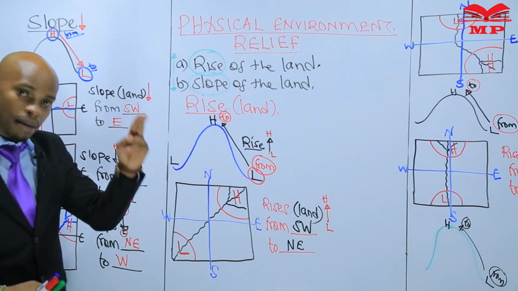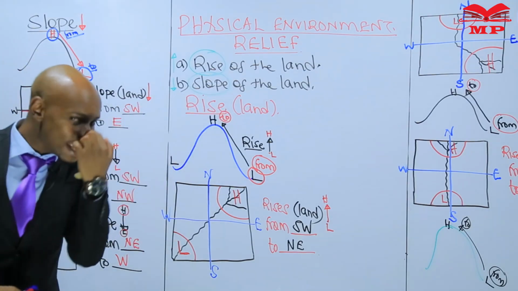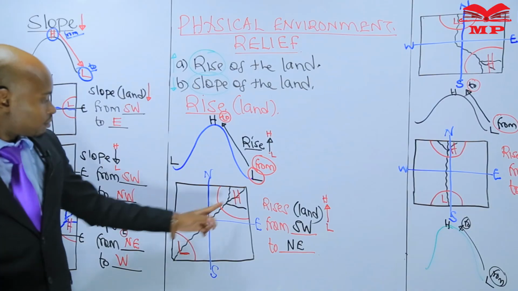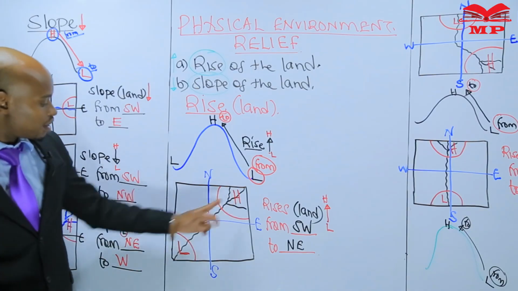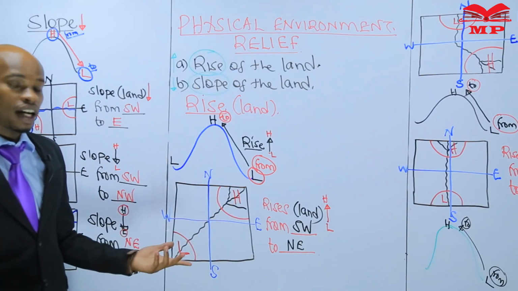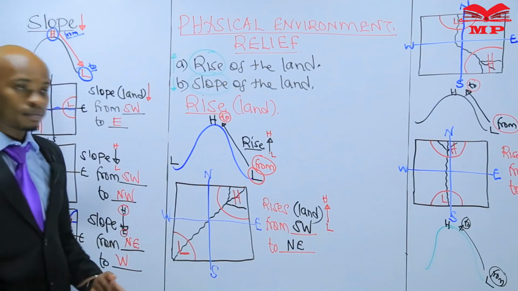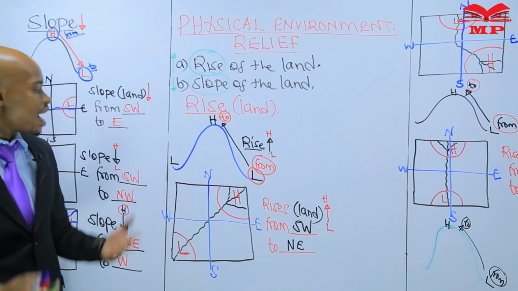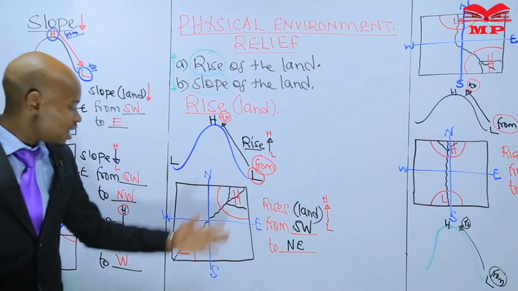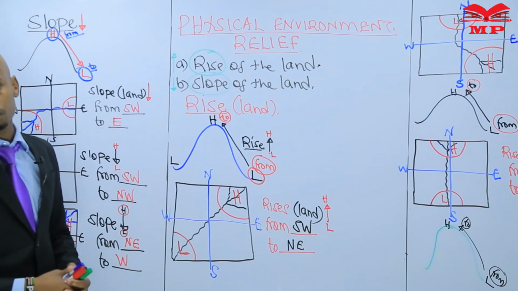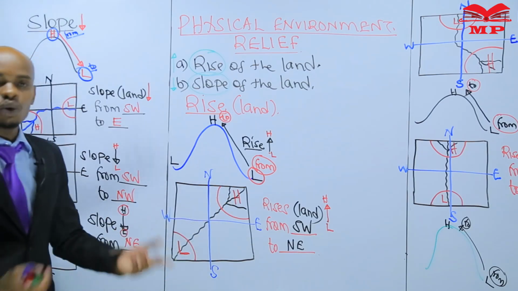First thing, is it a question on rising or sloping? Number two, identifying highlands and lowlands. How do you identify highlands and lowlands? Using a river. Why? Because a river always flows from highland to a lowland. After identifying, what do you need?